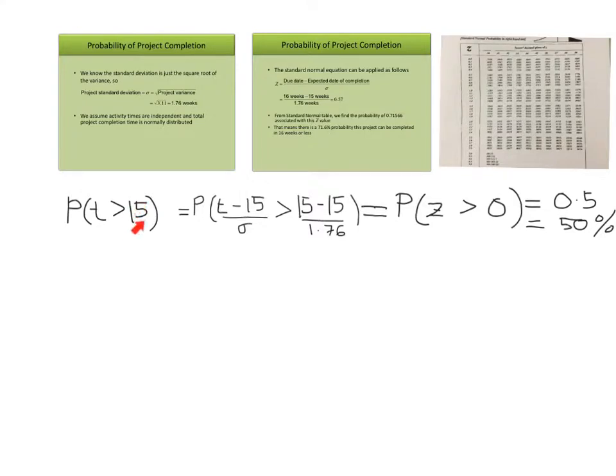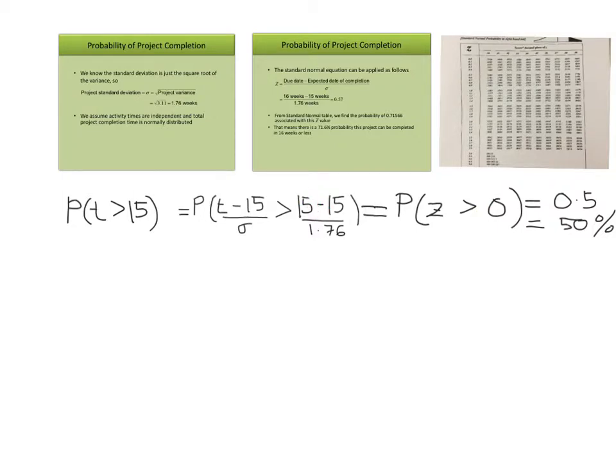And on the right side here, we follow the same method. So 15, minus 15, divided by sigma. Now sigma is 1.76 taken from this slide, okay? And this equals the probability of Z greater than 0, because 15 minus 15 is 0.